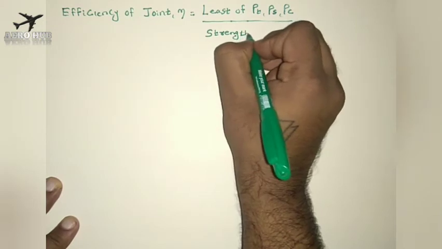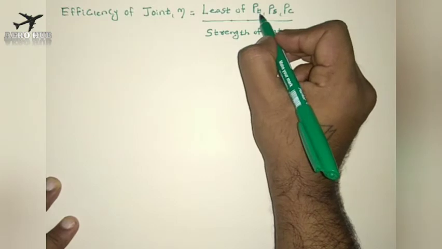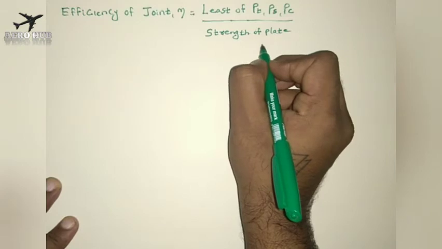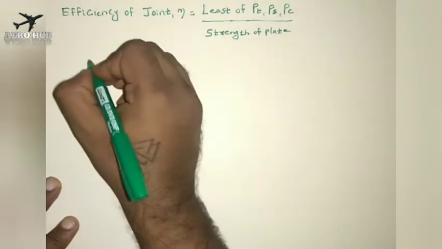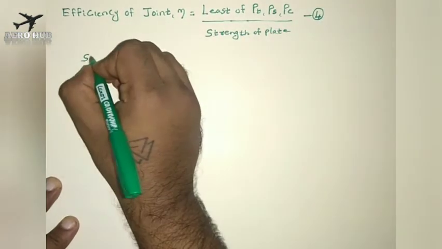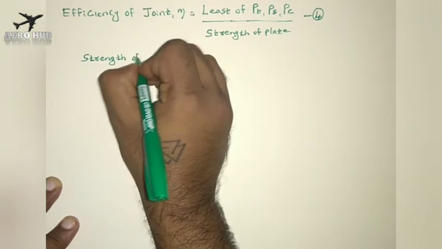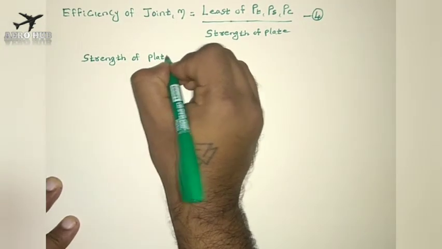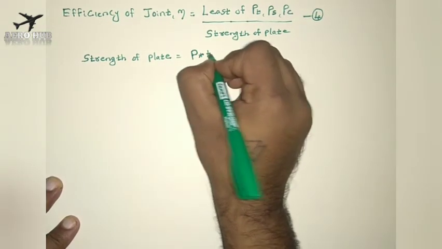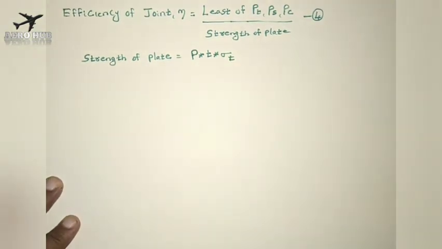We have the value of tearing resistance, shearing resistance, and crushing resistance. We don't have the value of strength of plate. So for the strength of plate, I put this as equation number 4. The strength of the plate is equal to pitch multiplied by the thickness of the plate into the safe tensile stress. This is the value of strength of the plate.